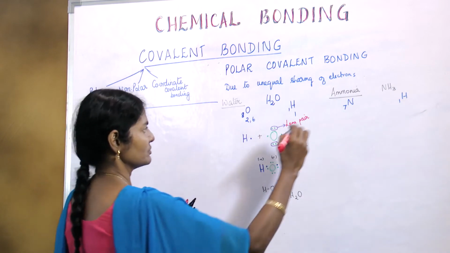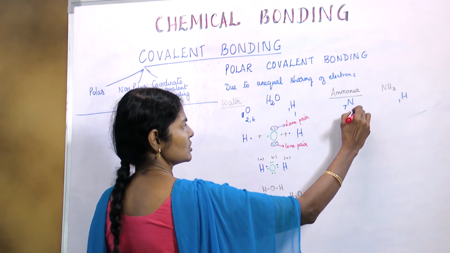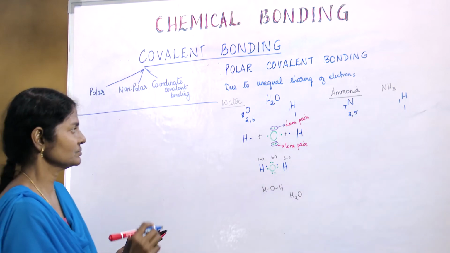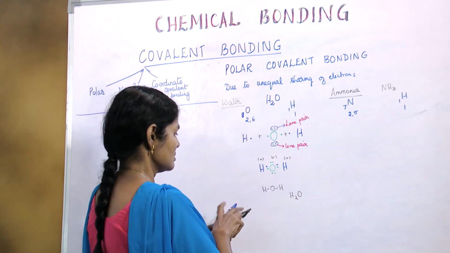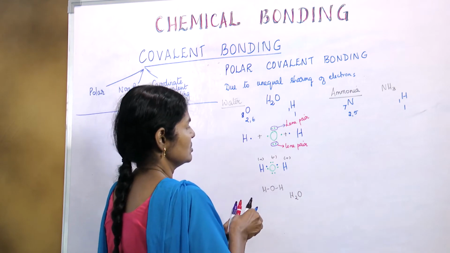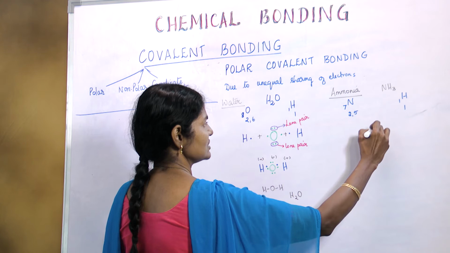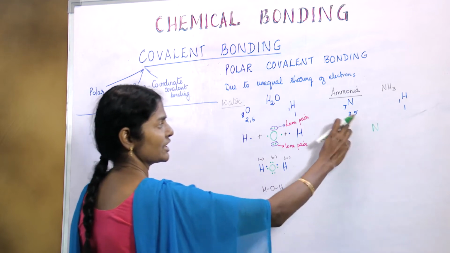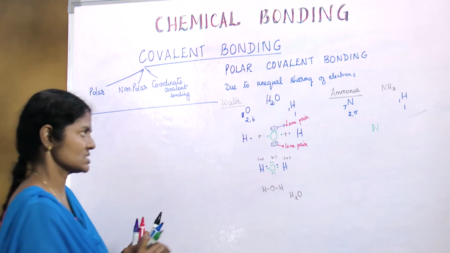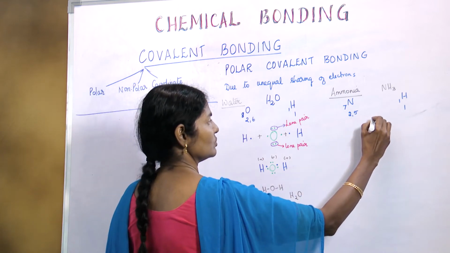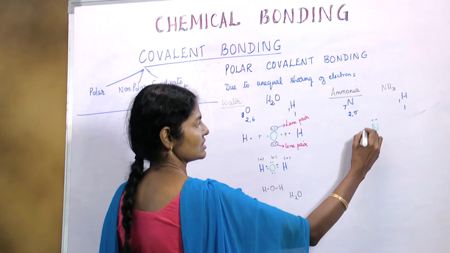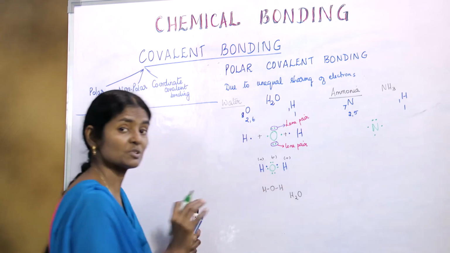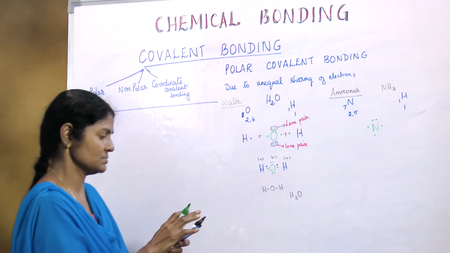The electronic configuration would be 2, 5 for nitrogen and 1 for hydrogen. Let's put nitrogen in the center. There are 5 electrons in the valence shell. So 2 electrons alone and 3 electrons here need to be shared with 3 hydrogen atoms.